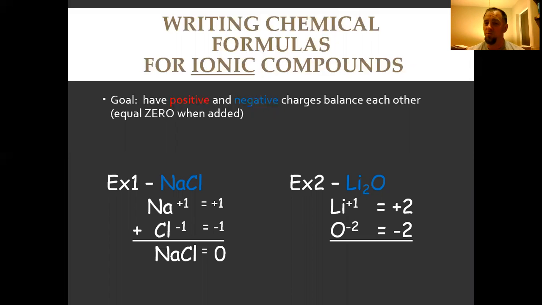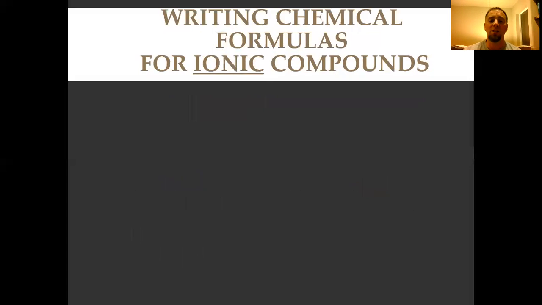So I only need 1 of those to have the same amount of negative charge as the amount of positive charge from the lithium ions. Combine those together with 2 lithium ions and 1 oxide ion, and my net charge is 0. So this is the goal that we want when we're writing our chemical formulas for ionic compounds.